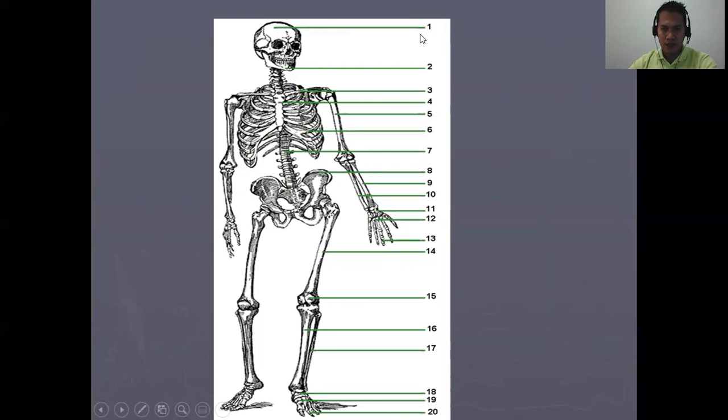For example, if I would like to answer number 1, write number 1, and then write your answer. If you would like to skip number 2, go ahead. For example, you would like to answer number 4, write number 4, and then write your answer. You can just select at least 10. And then if you would like to challenge yourself, answering all the numbers right here, then go ahead.